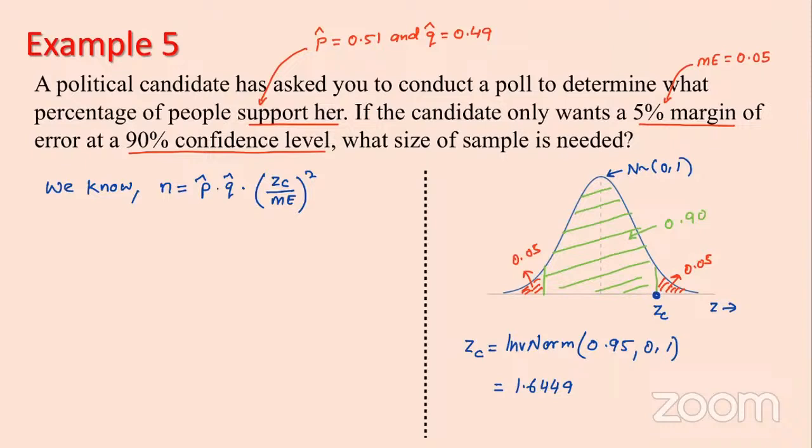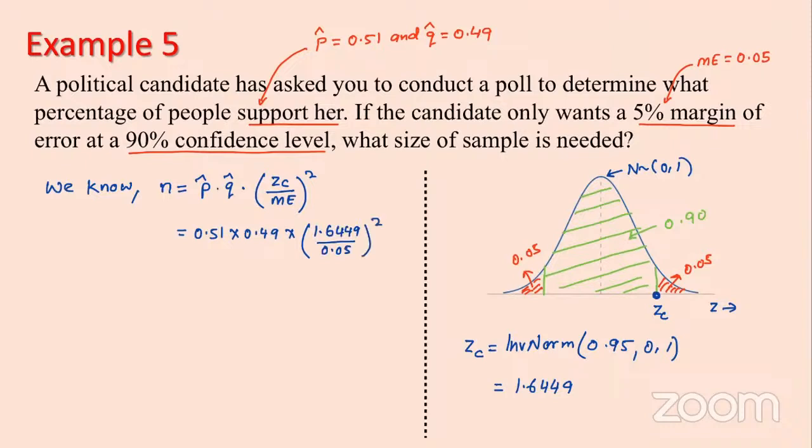Okay, now let's plug in the value and then try to calculate that n. So let's all plug in the value here. P hat is 0.51. Q hat is 0.49, then times, and you put the parenthesis. Z critical, we got 1.6449 over margin of error 0.05.